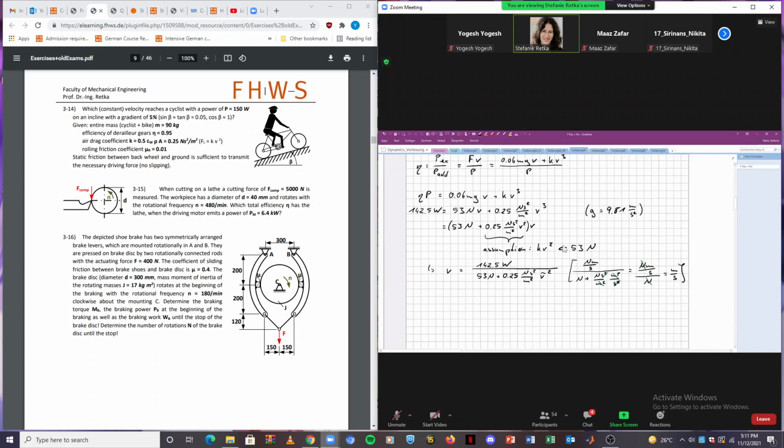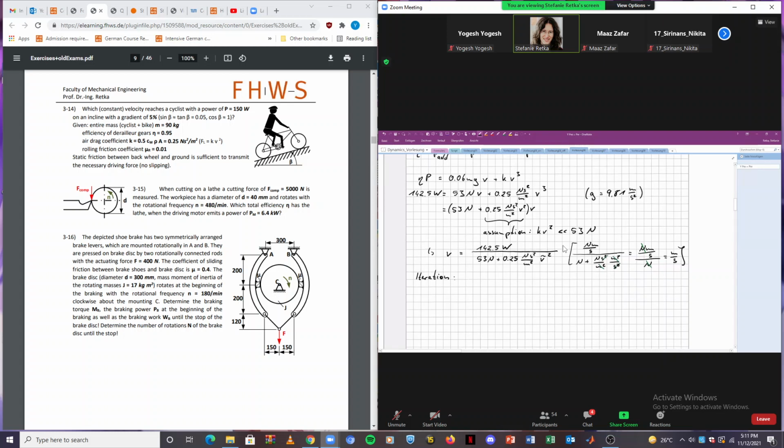Now, let's start the iteration. First step, I assume that the velocity is 0. Of course, that's not true, but if you iterate to obtain a solution and you have no idea where your solution might be, which size it might be, then it's usually a good idea to start with 0.